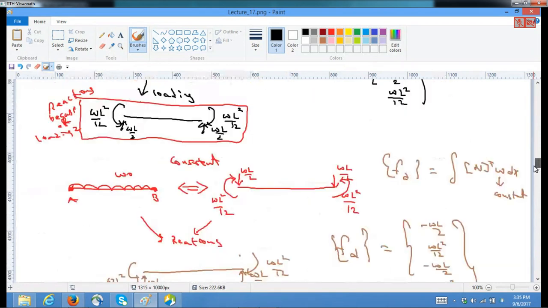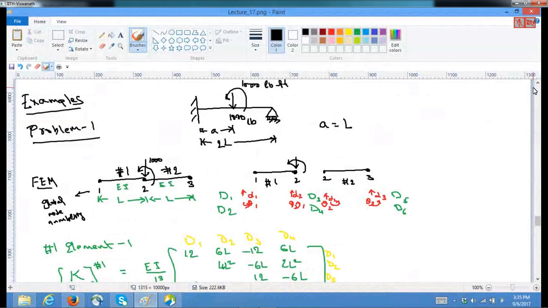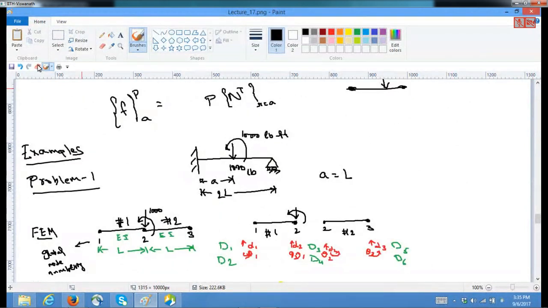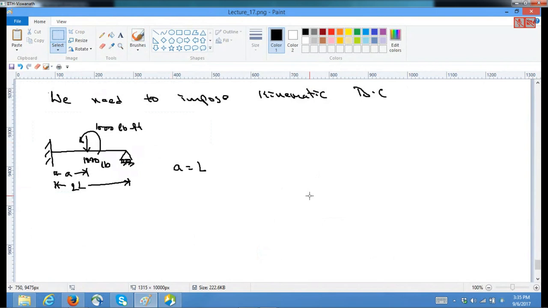The kinematic boundary conditions for the beam which we are solving today are: y is equal to 0 and dy by dx is equal to 0 at x is equal to 0, and y at L is also equal to 0.